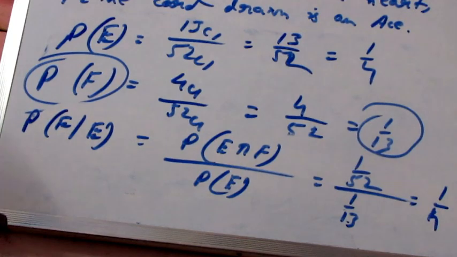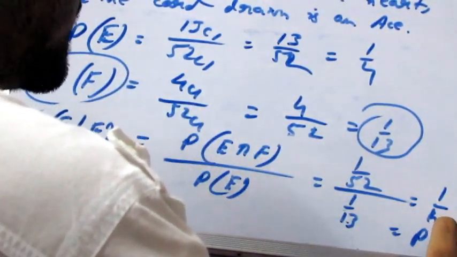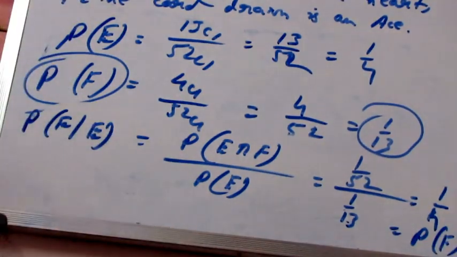That means it is equal to probability of F. So the occurrence of E has no effect on the occurrence of F.